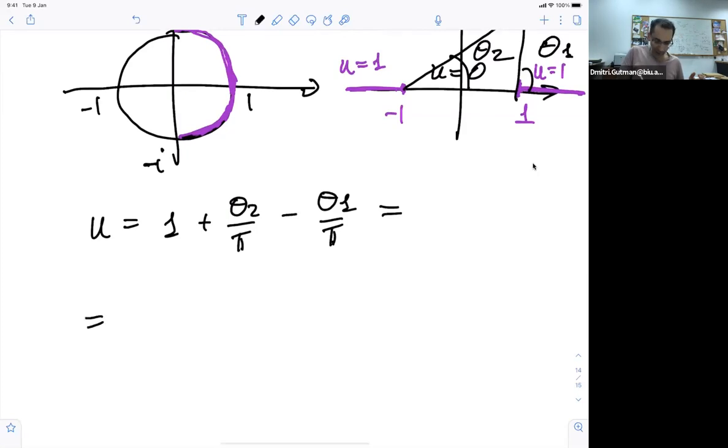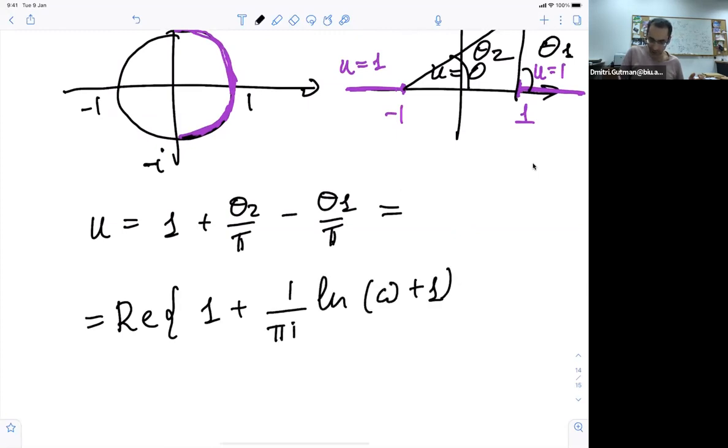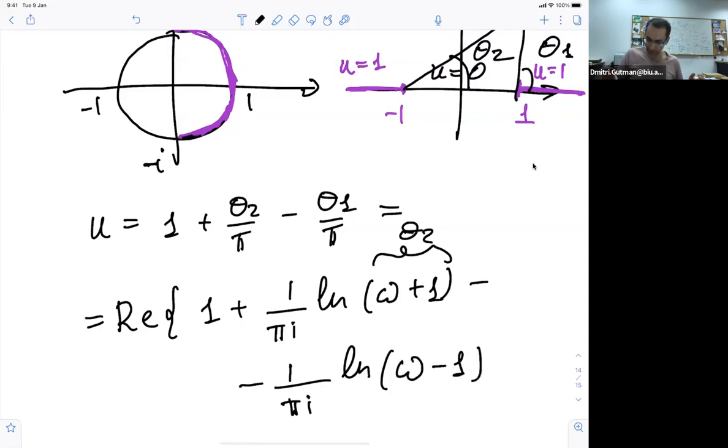And that would be the real part of 1 plus 1 over pi i logarithm of W plus 1. This is phase θ2, minus 1 over pi i logarithm of W minus 1. And this yields phase θ1.